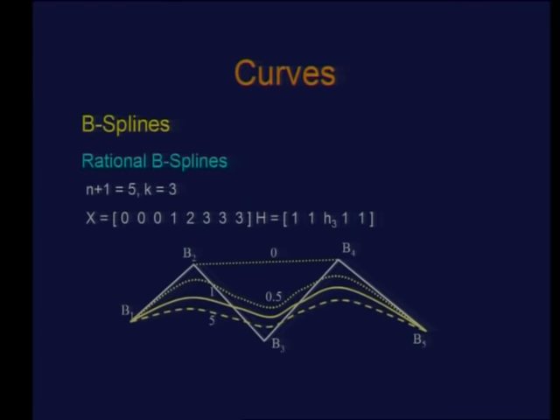So, that is a control handle for the shape of the curve. Similarly, when you lower the value of h from 1 to some other value, 0.5 for instance, the curve goes away from B 3, because the weight factor of this particular point is now just half compared to the rest of the points. And you can also have h equal to 0, and then there is almost no contribution from this point.